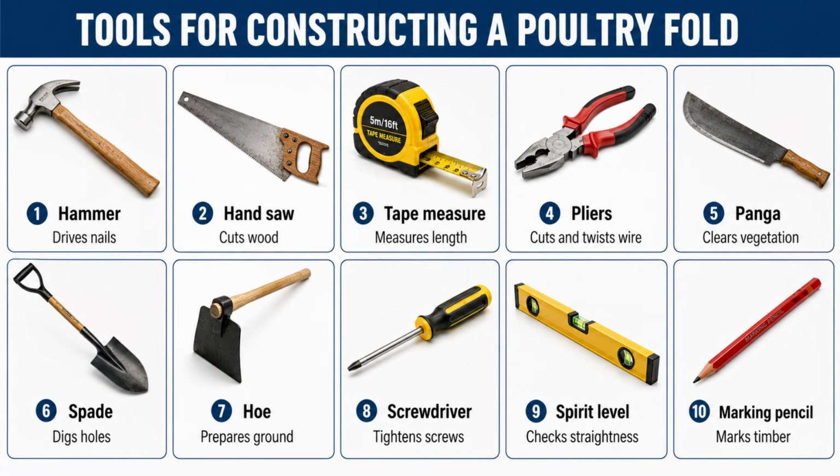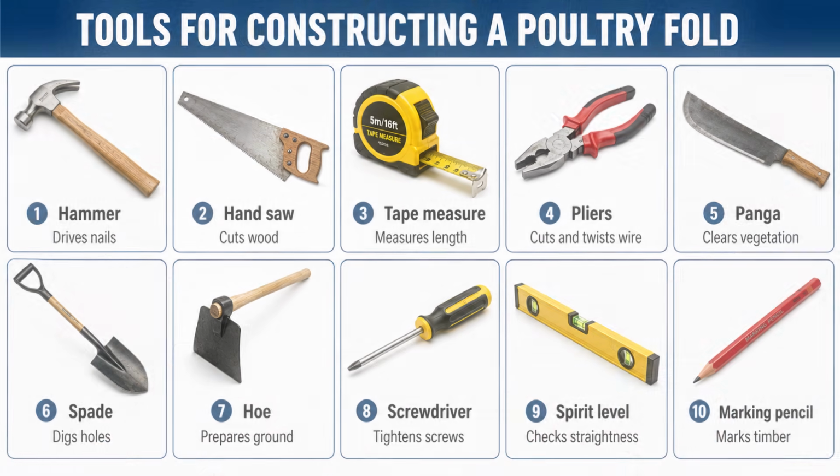Those I identified include a hammer, a hand saw, a tape measure, a pair of pliers, a panga, a spade, a hoe, a screwdriver, a spirit level, a marking pencil. You may add others which I have not mentioned, or remove one which you think you are not going to use. Let me state the use of each of these tools.